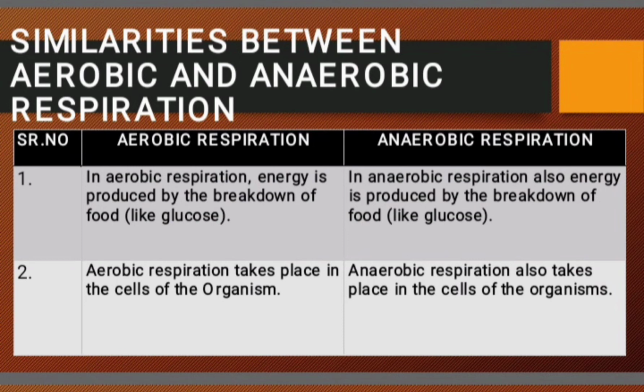The second one is, aerobic respiration takes place in the cells of the organism, and anaerobic respiration also takes place in the cells of the organism. So these are the similarities between aerobic and anaerobic respiration.